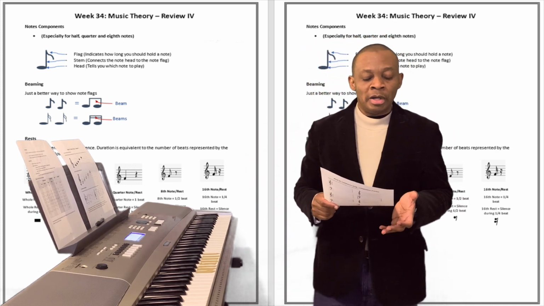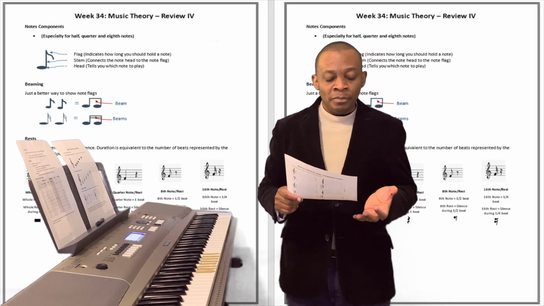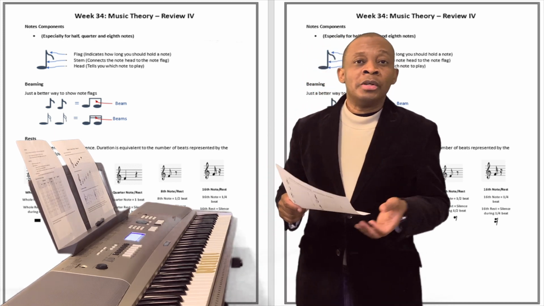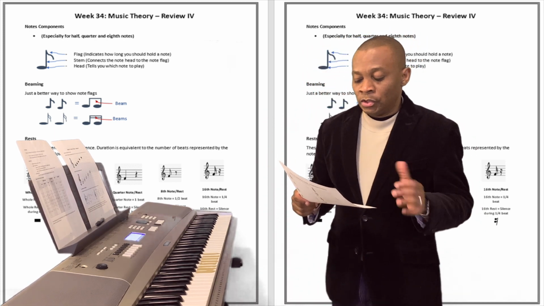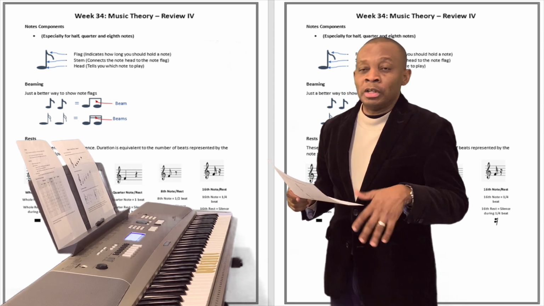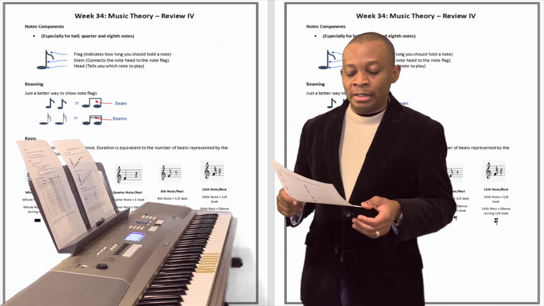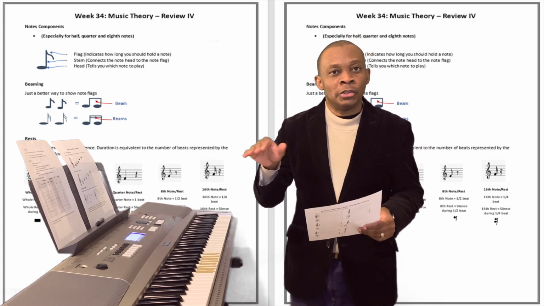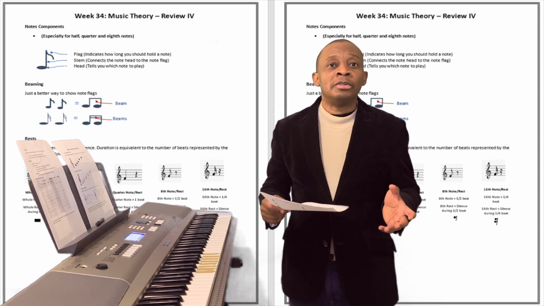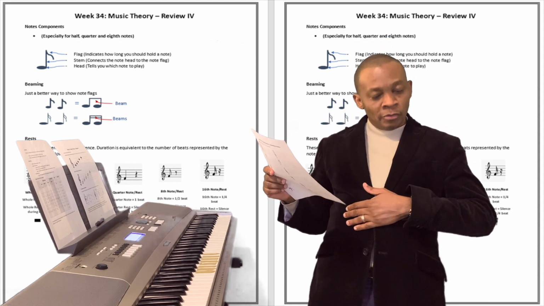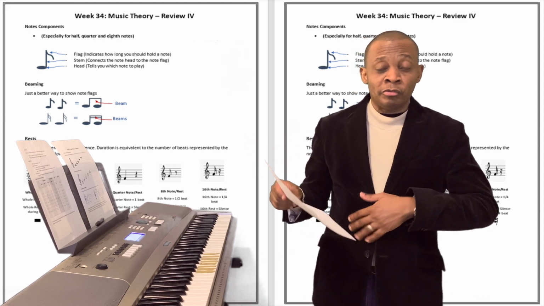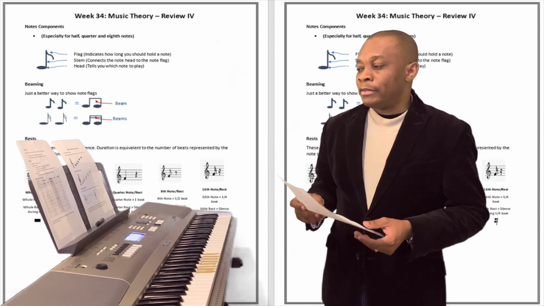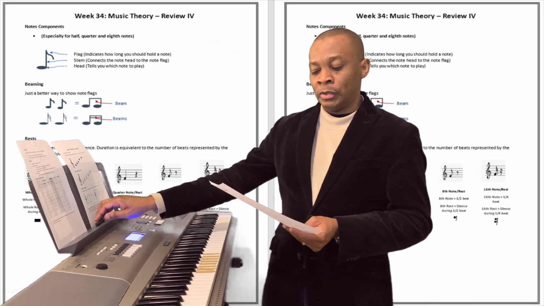Another thing we're going to try to refresh is the concept of rests. Rests in music represent periods of silence. The duration is equivalent to the number of beats represented by the notes. Just like you play for a certain duration, there are times that you rest for a certain number of beats, and there are symbols for those as well.